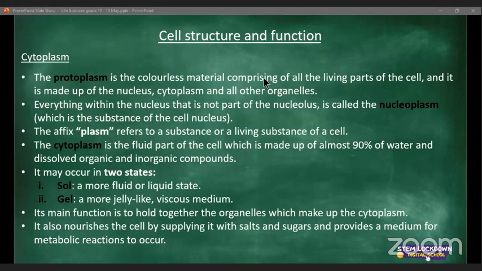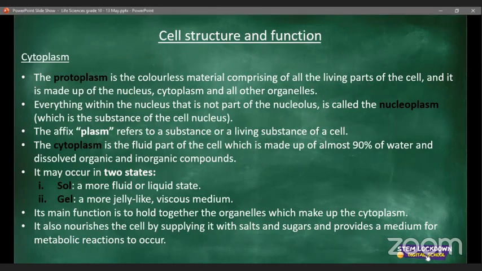Everything within the nucleus that is not part of the nucleolus is called the nucleoplasm. So this is the substance of the cell nucleus. We will talk about the nucleus tomorrow, so you get a better understanding of what I mean by the nucleus, the nucleolus, and the nucleoplasm.